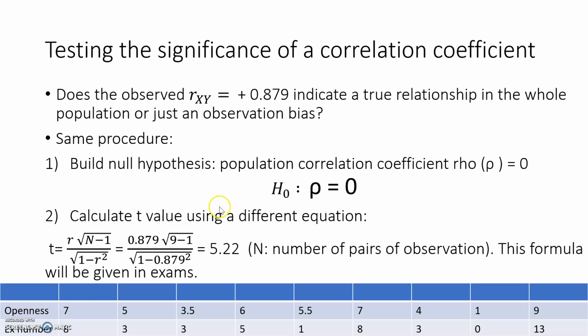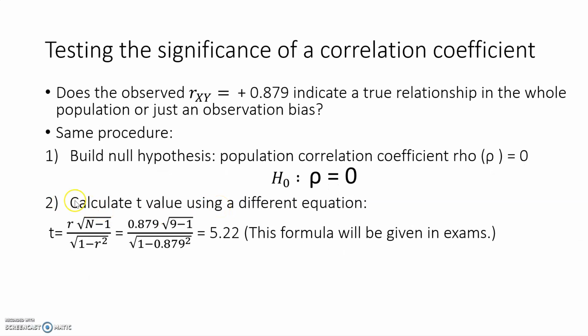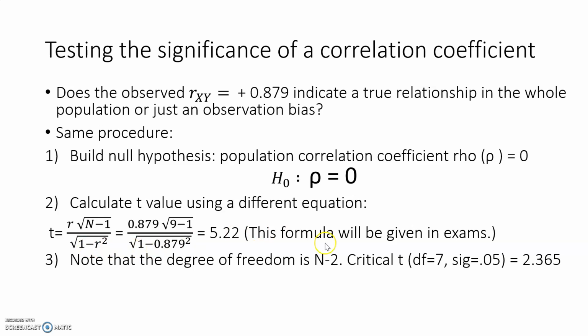Third, we find the critical value given the degrees of freedom. Please note that the degrees of freedom in this correlation coefficient test is n-2 instead of n-1, because we have two data points.